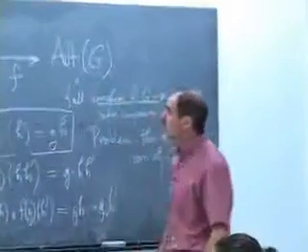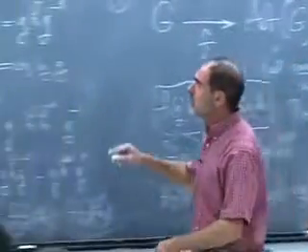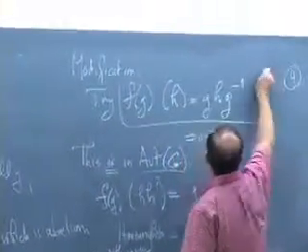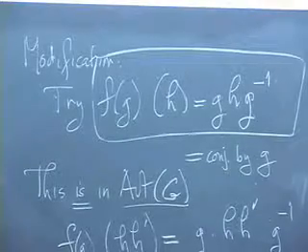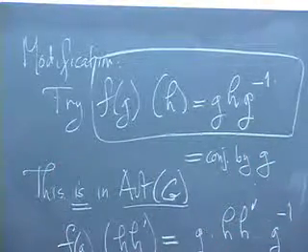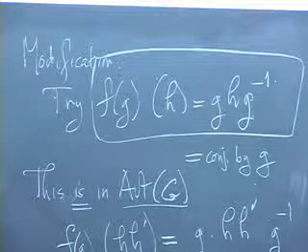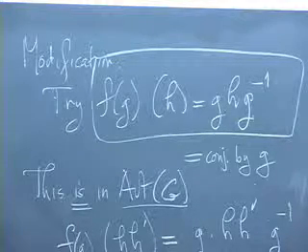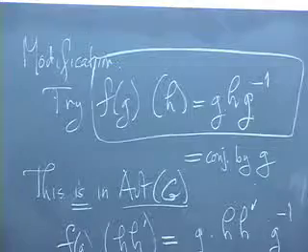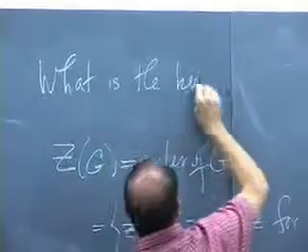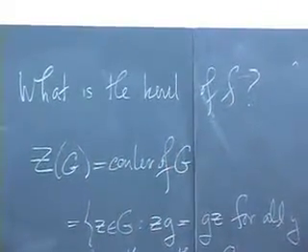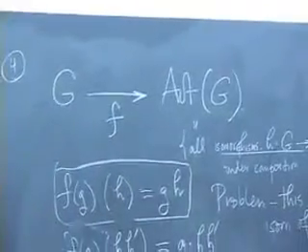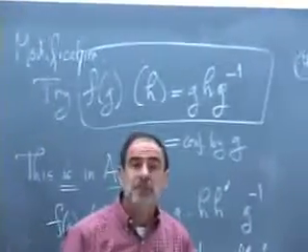So this is really quite cute. And remember this definition. What is the kernel of F? Let's go somewhere where we have room. Well, it's the elements of G such that when you conjugate by them, you get the trivial automorphism.